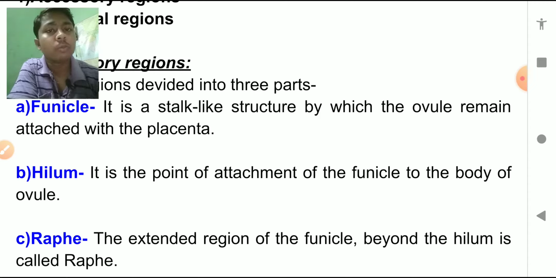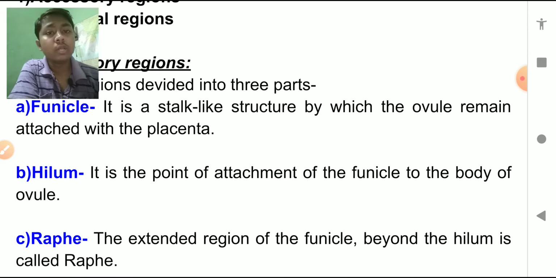Now next we talk about the hilum. The hilum is basically the point of attachment of the ovule with the funicle. The site where the funicle attaches with the ovule is called the hilum.